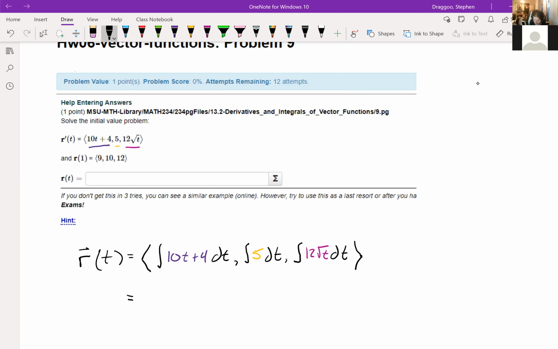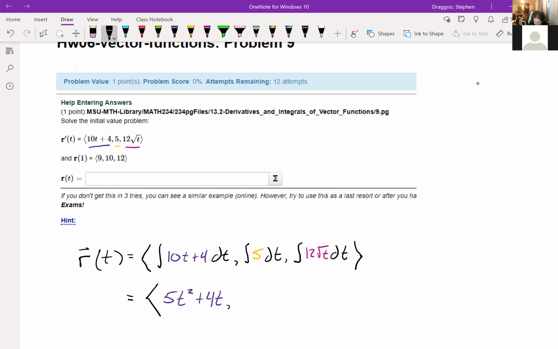So if we do that, what do we end up getting? This will be 5t squared plus 4t. Let's add in c as a separate vector.